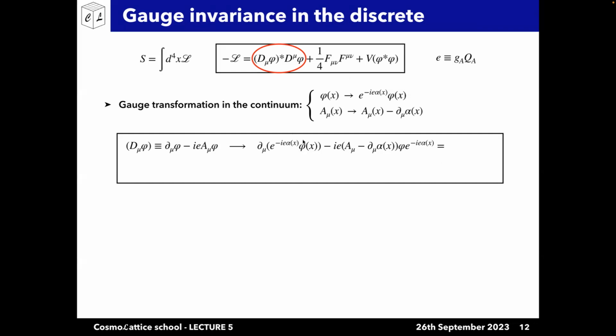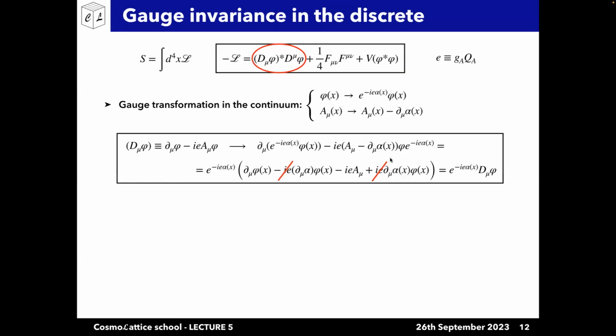And let's expand this derivative here, and we can see that this generates a minus i e term that cancels with this term generated by the gauge field, right?